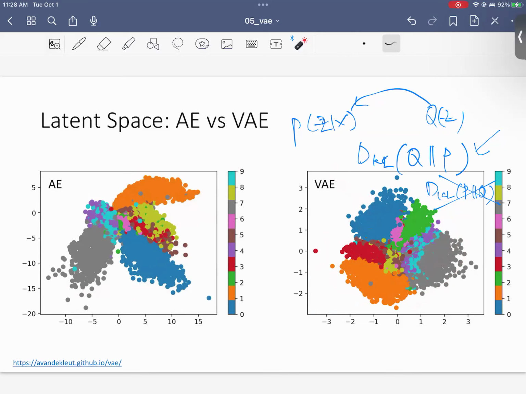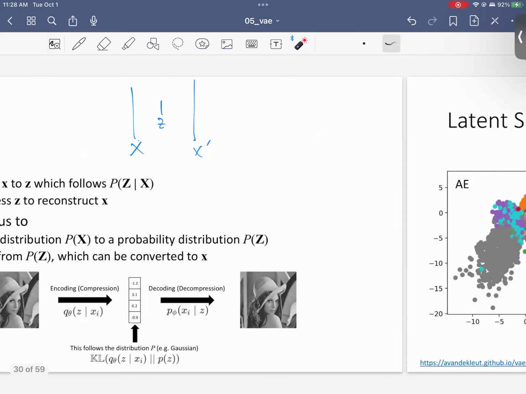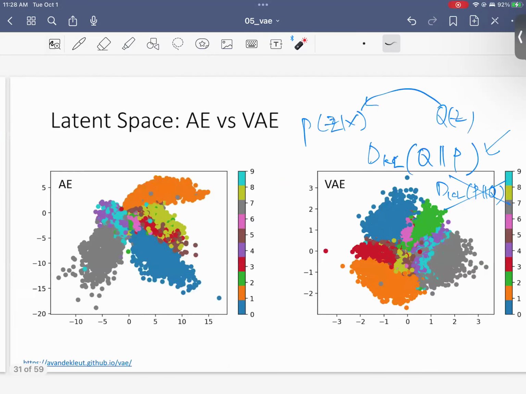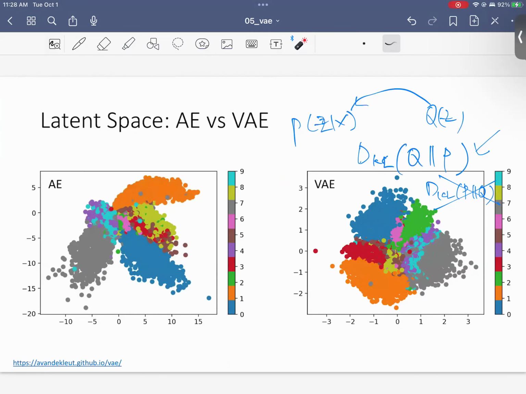So there's always a trade-off. But if you increase the size of your latent distribution, from like 4 to 8 or 16 or 32, then probably you can make up for that. If you use a larger latent space, then enforcing your latent space to look like a Gaussian distribution might have a reduced impact on the reconstruction performance.